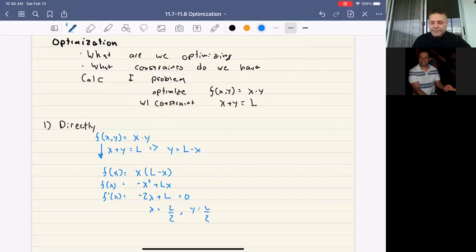So the maximum is actually L squared over 4, and it's with x equals L over 2, y equals L over 2. So what we've done here is we've effectively used the constraint to reduce the dimension of the problem.